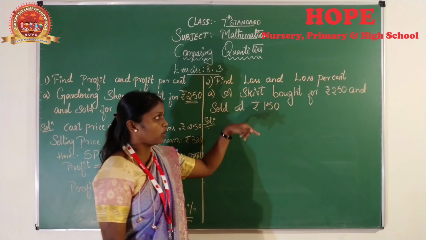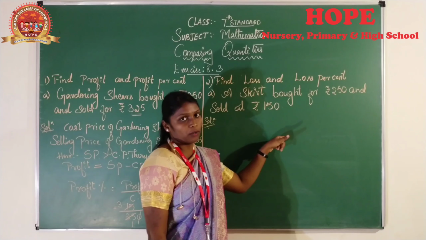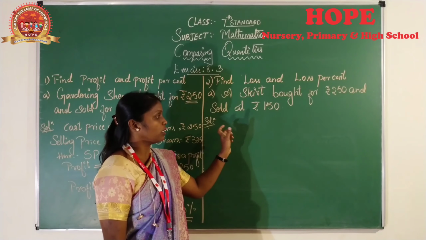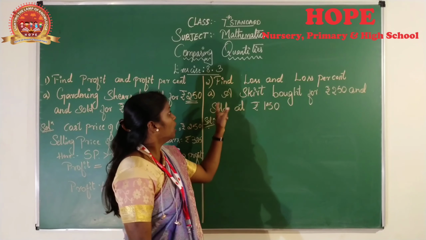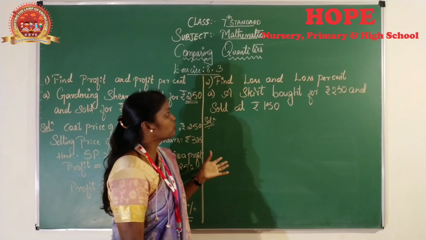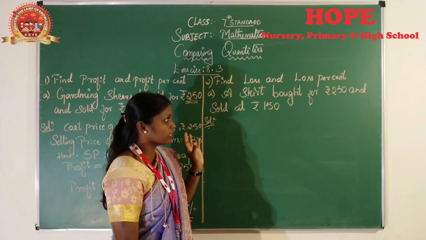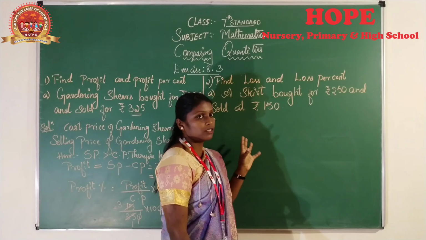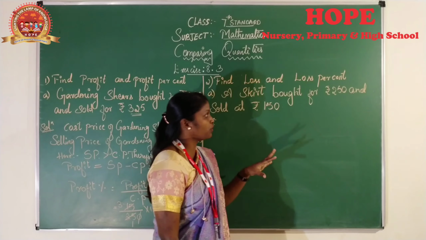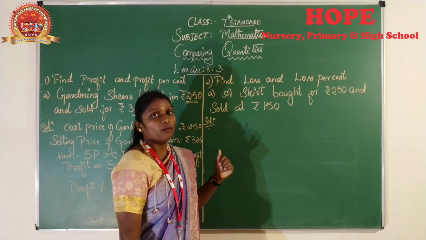So how to find the loss and how to calculate the percentage for the lost amount. A skirt bought for rupees 250 and sold at rupees 150. Here a girl is buying a skirt for rupees 250 and selling that skirt to someone for rupees 150.